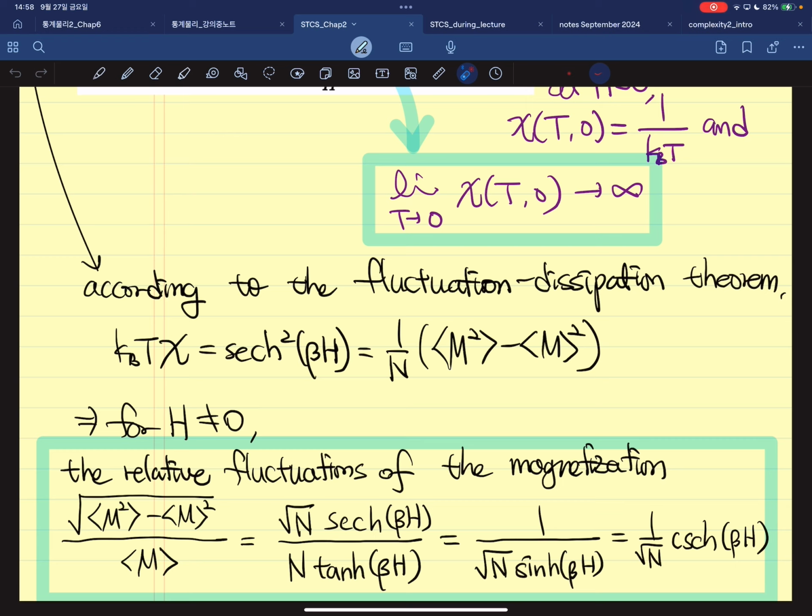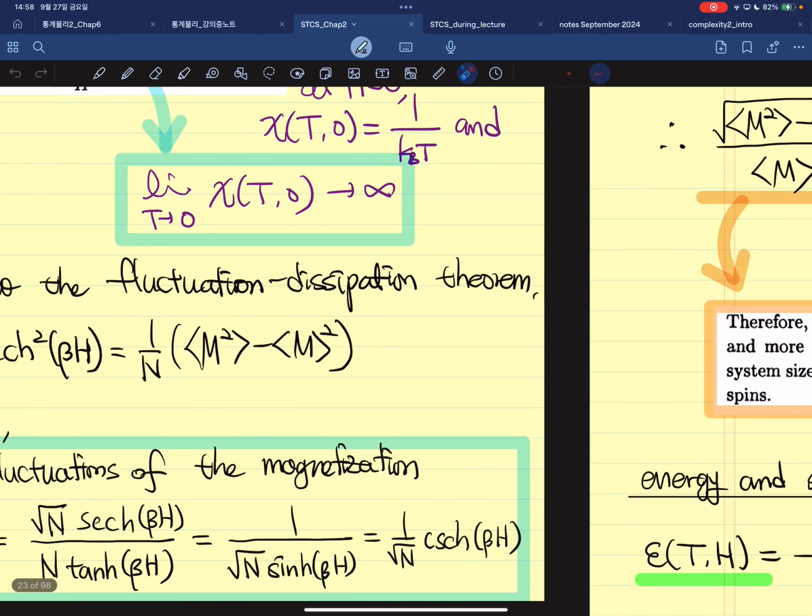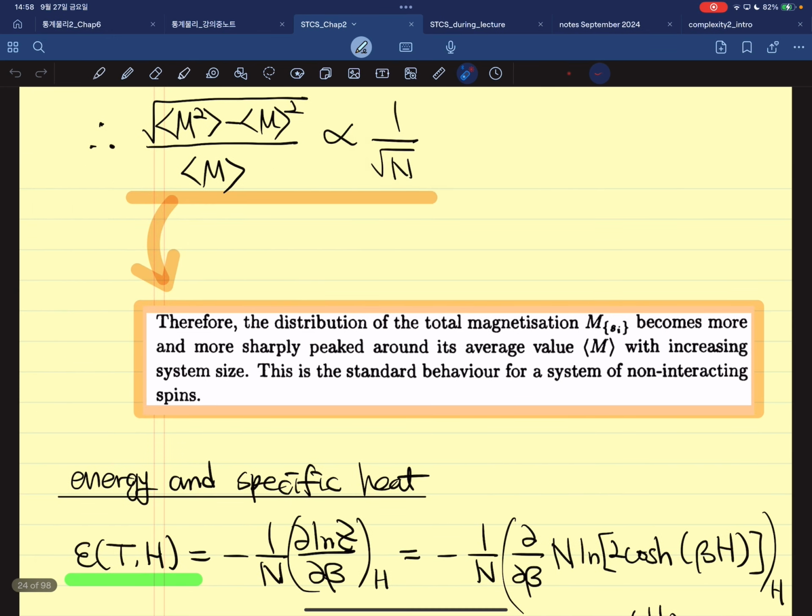So for a given temperature and external field, as the system becomes larger with larger values of N, we have a very sharp distribution because the relative fluctuation becomes smaller and smaller with this proportionality.